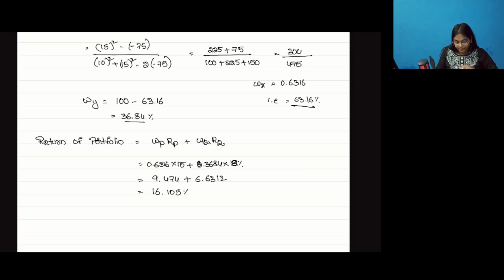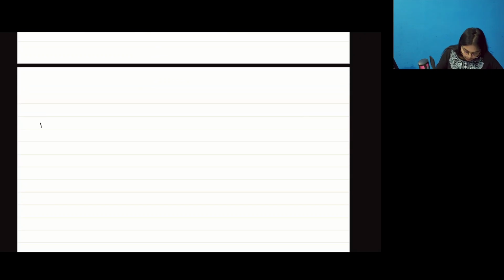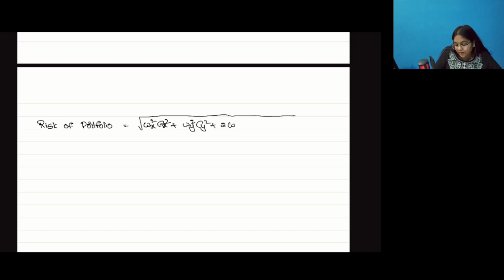Return of portfolio is 16.105. Now they asked us to calculate the risk of the portfolio, which equals weight of x square sigma x square plus weight of y square sigma y square plus 2 wx wy sigma x sigma y rho xy.